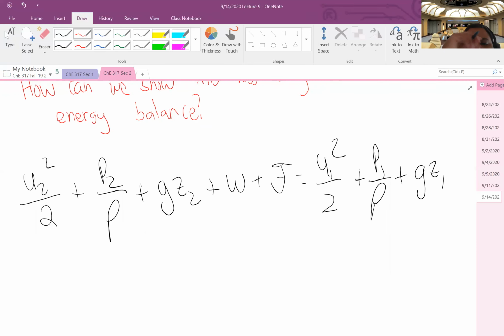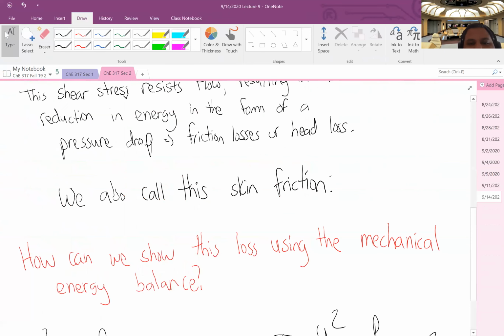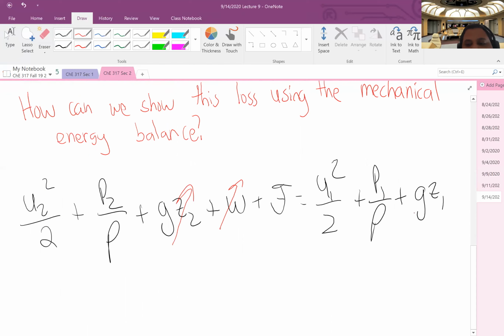So in my drawing, I don't see any sort of pumps or turbines or anything, so there's not going to be any work. I'm going to say my heights are the same. There's no movement in static. And U1 and U2 are going to be the same. So U2 is equal to U1, Z2 is equal to Z1, and there's no work.